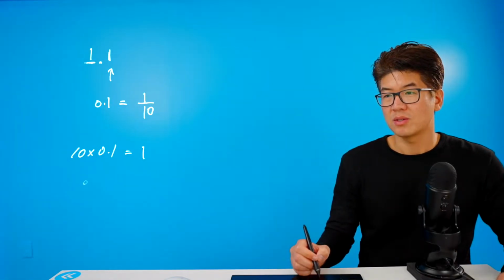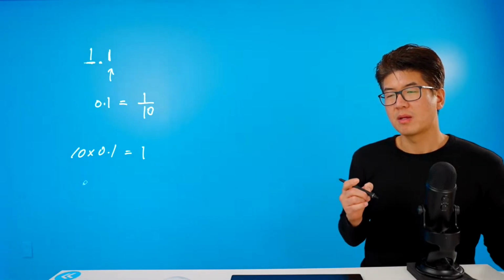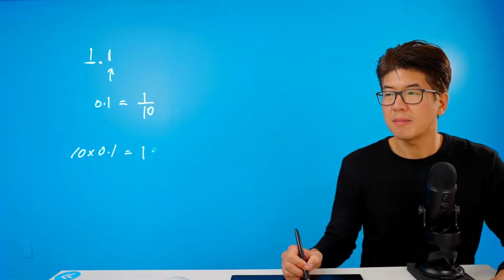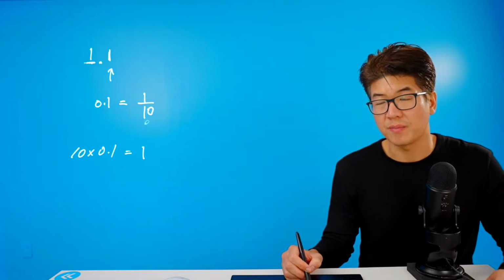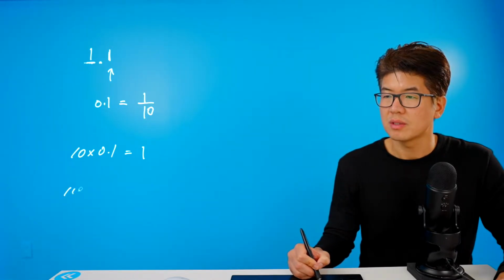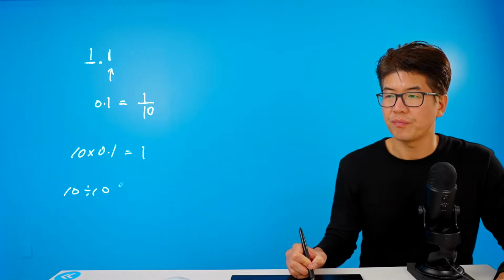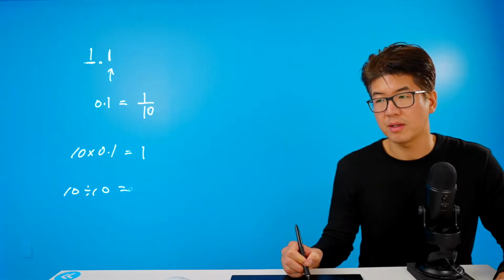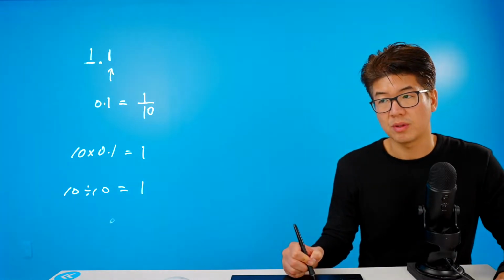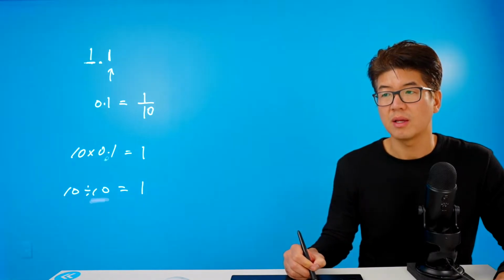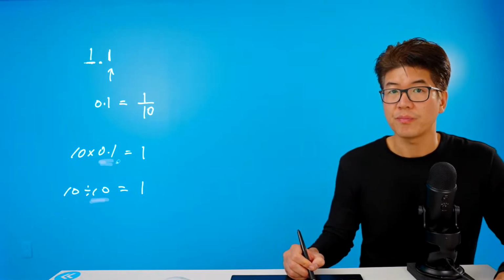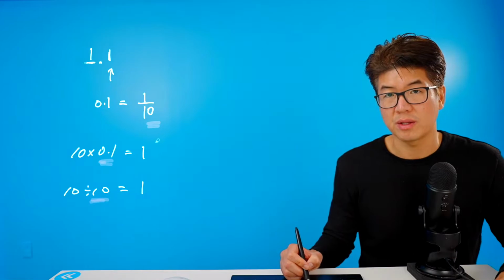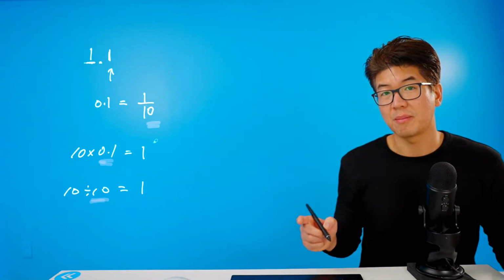So 0.1 literally means the same thing as take 1 out of 10. In other words, 10 divided by 10 is equal to 1. So dividing by 10, timesing it by 0.1, or timesing it by 1 over 10, they're all the same thing.